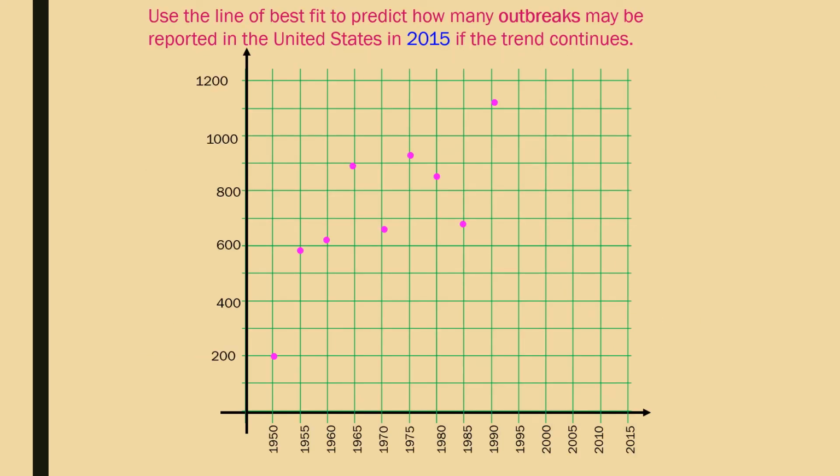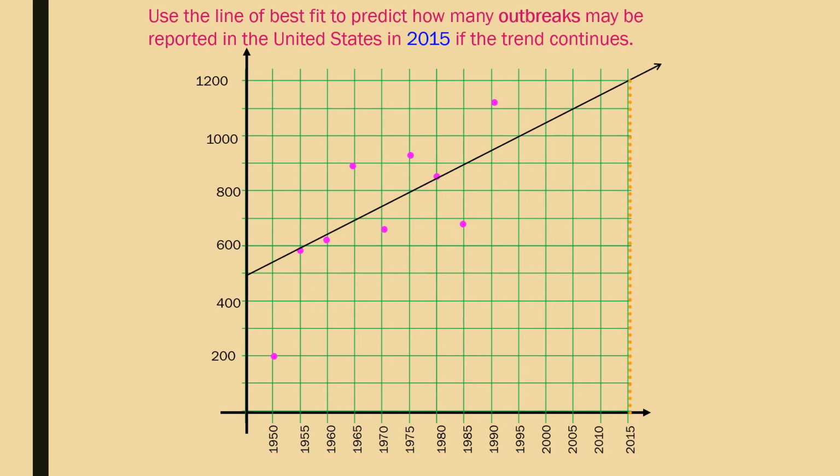So, for example, in this case, we want to use the line of best fit to predict how many outbreaks may be reported in the US in 2015 if the trend continues. So here's a scatter graph showing the outbreaks in different years as shown. So we want to use the scatter graph to predict how many outbreaks will be reported in the US in 2015 if the trend continues according to the graph.